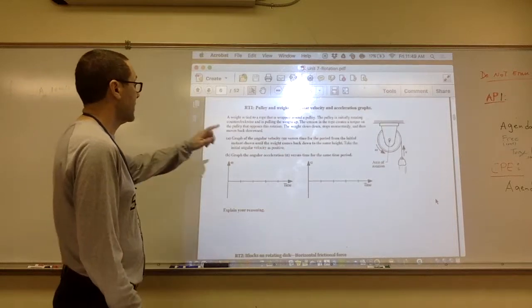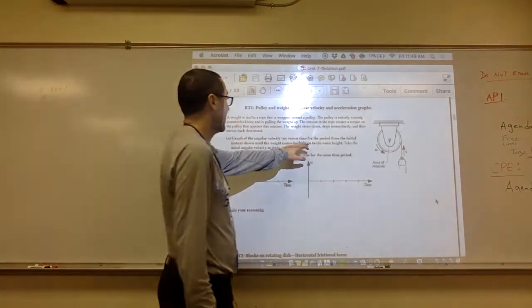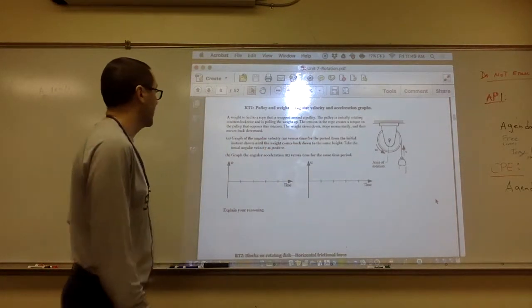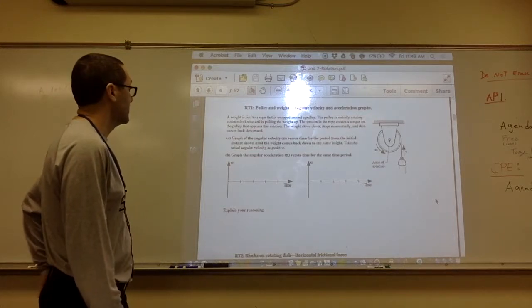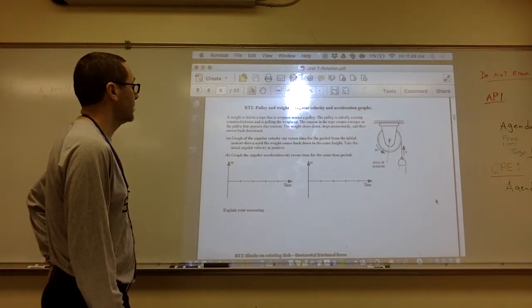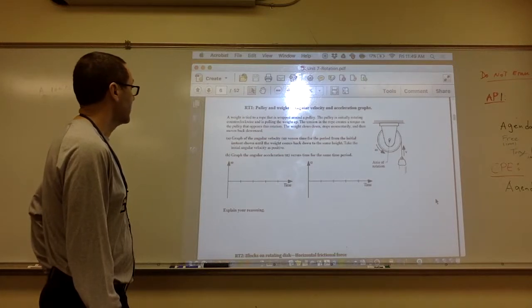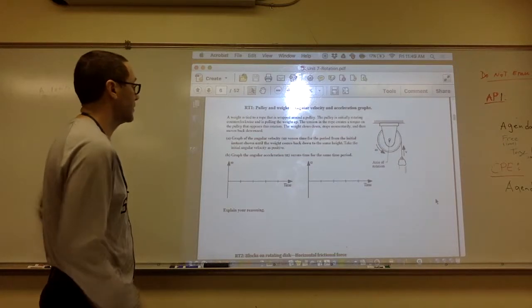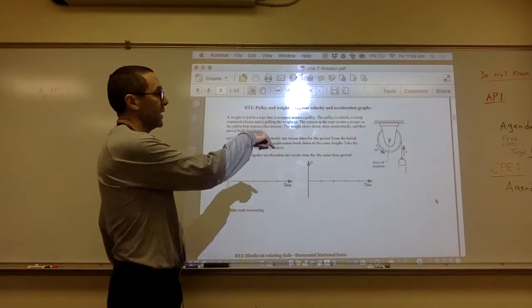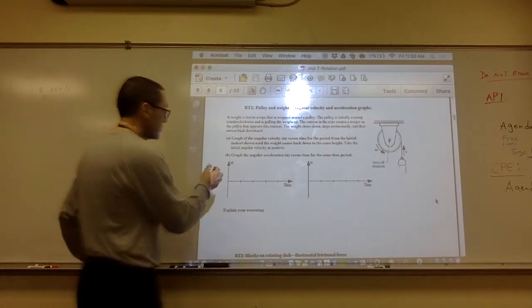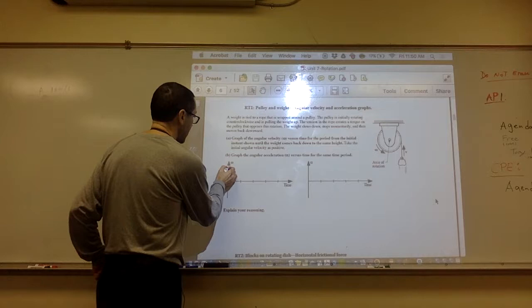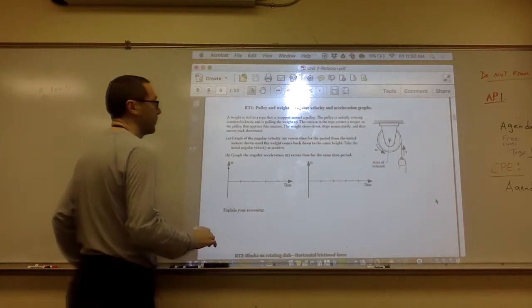Graph the angular velocity versus time for the period from the initial instant shown until the weight comes back down to the same height. Take the initial angular velocity as positive, okay? So basically, counterclockwise is positive, which means we have to start up here.